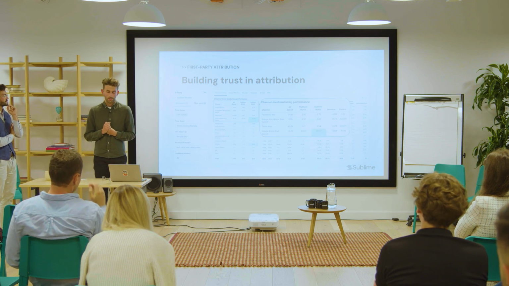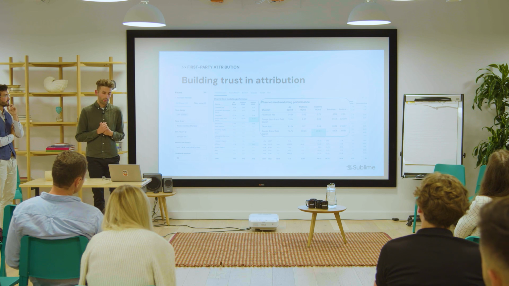The third part is about transparency. We won't stop using ad platforms and we won't stop seeing their numbers. So what we want to show here is what each platform is self-reporting, what the platform ROAS is from each tool like Facebook, Google, or TikTok.